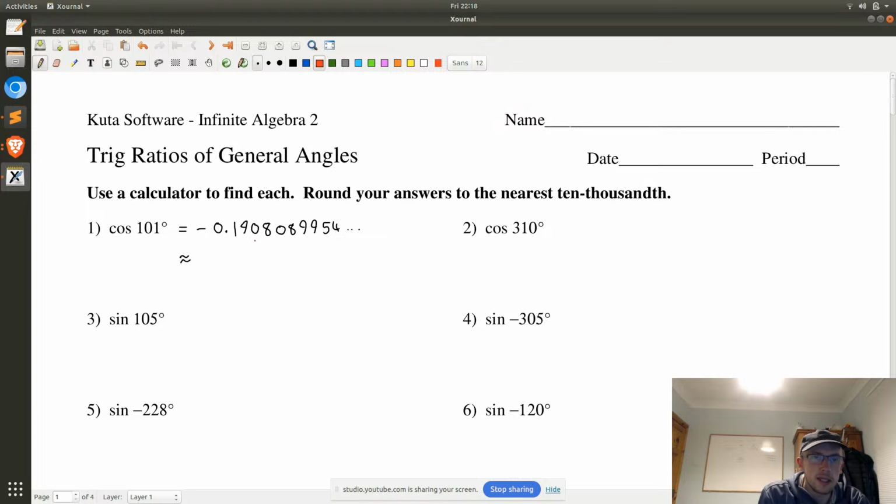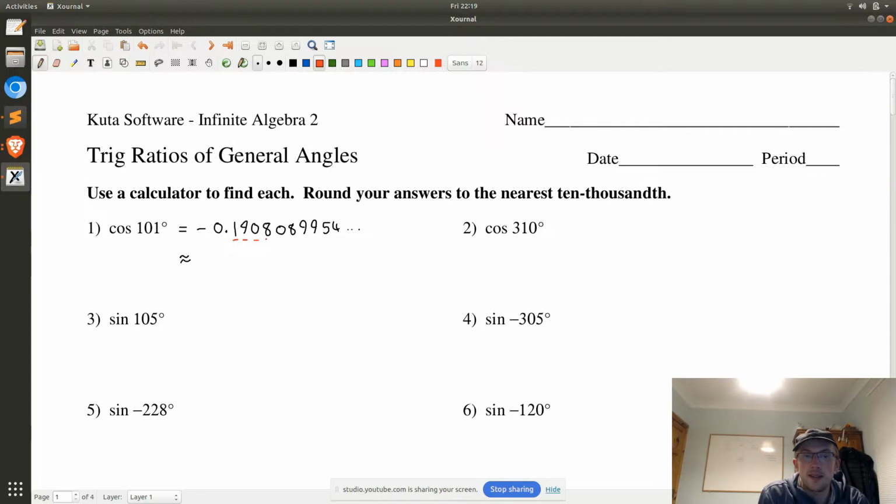So what does that mean? If I were to say negative 0.2, that would be to the nearest 10th. If I were to say negative 0.19, that would be to the nearest 100th. Negative 0.191, that's to the nearest 1000th.